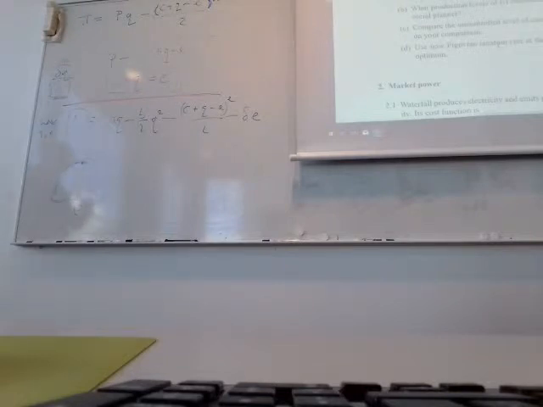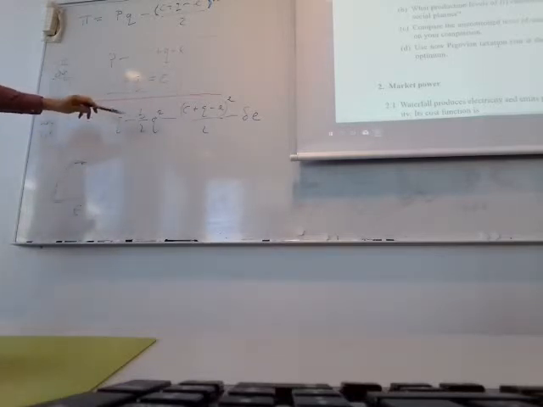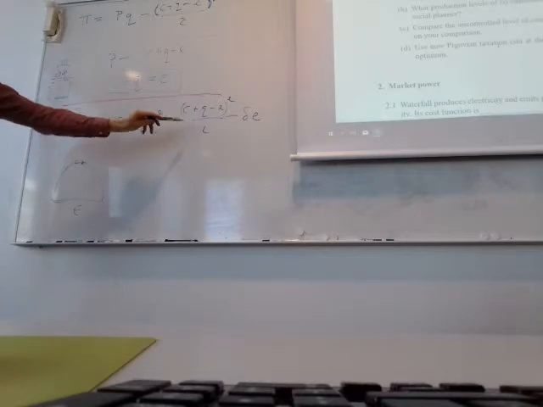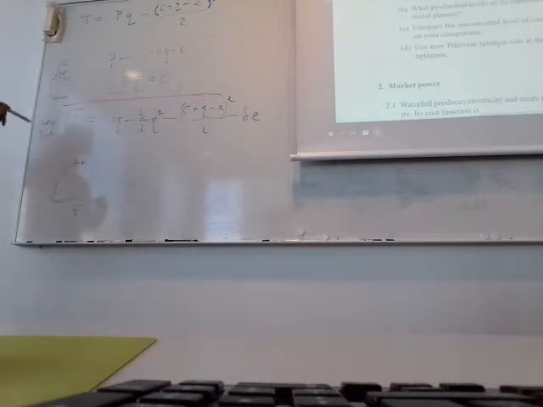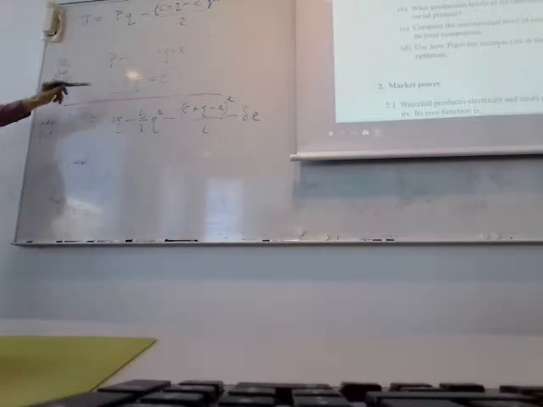So where do we get to? Yeah, we set up the firm's problem and we set up the social planner's problem. We'd solve this by taking first order conditions in Q and E. We haven't actually solved this, have we, yet? But in part C, we're told to compare uncontrolled emissions with the social optimum, so then we need to solve this.